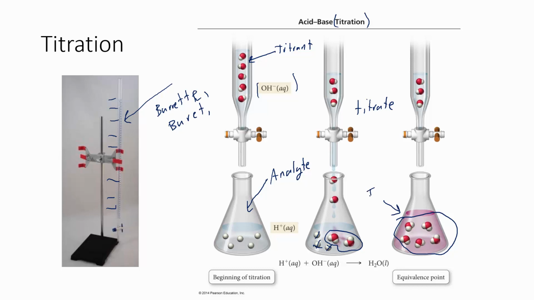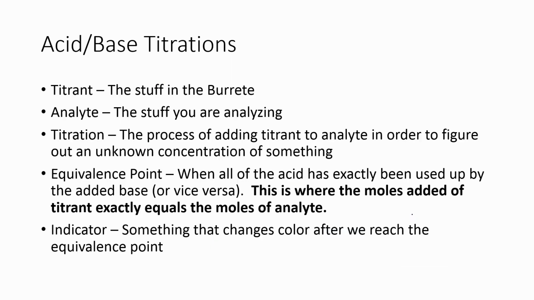And something that changes color exactly when everything of the analyte is used up by adding the titrant is called an indicator of some sort. We'll talk more about the details of this later, but these are the basic parts. And this kind of sums it up.